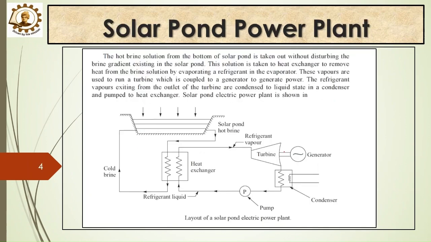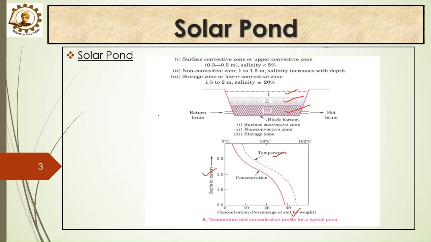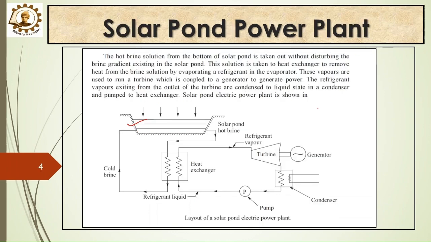Now, an application of the solar pond is in a solar pond power plant. As we can see, the solar pond is there. In the previous slide, we can see that this is the return brine and this is the hot brine. Here also, the solar pond hot brine is utilized in a heat exchanger, and the cold brine is returned back.